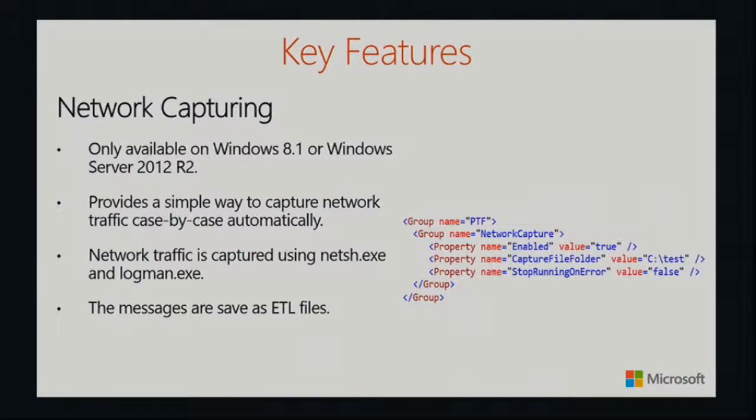To automatically enable the network capture, we set the value to true. CaptureFileFolder is the location where you store the capture. If StopRunningOnError is true, the test will stop running on error; if it's false, it will ignore the error and continue running the test. The messages are saved as ETL files.